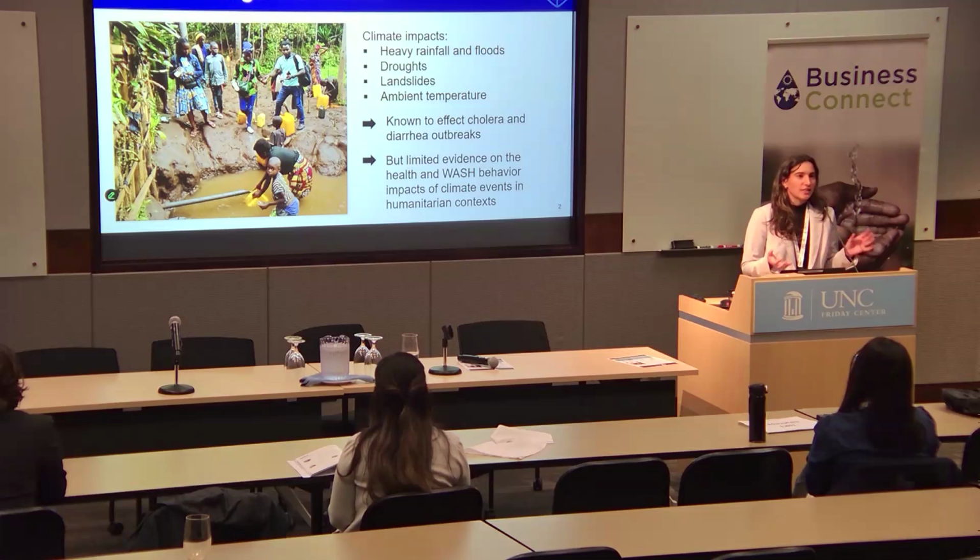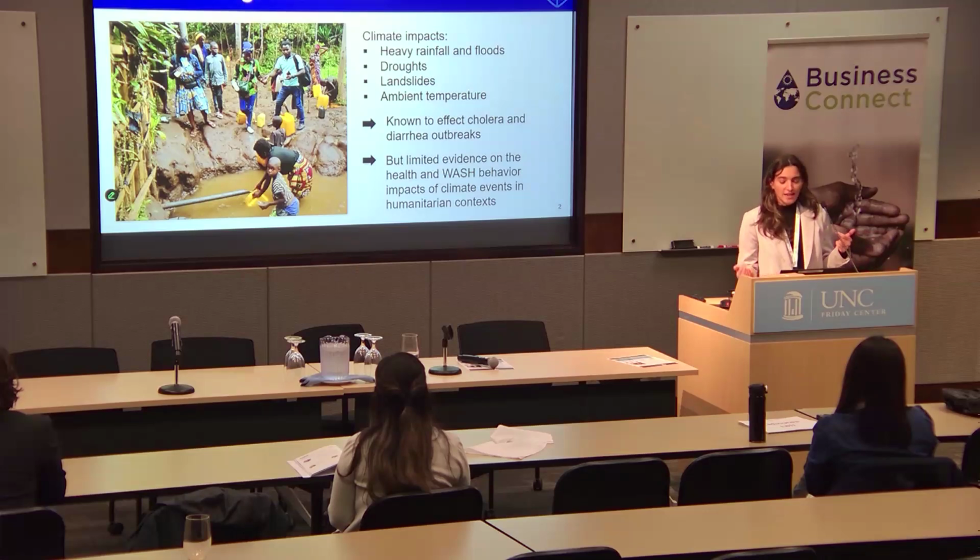But despite these clear links between climate events and cholera and other diseases, the evidence on health and WaSH behavior impacts, specifically in humanitarian contexts, remains limited, which is information that's really essential to guide climate-sensitive WaSH interventions going forward.